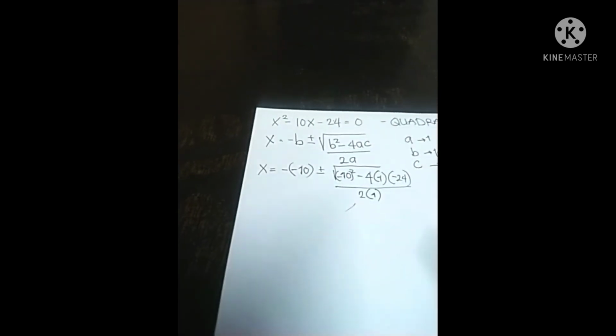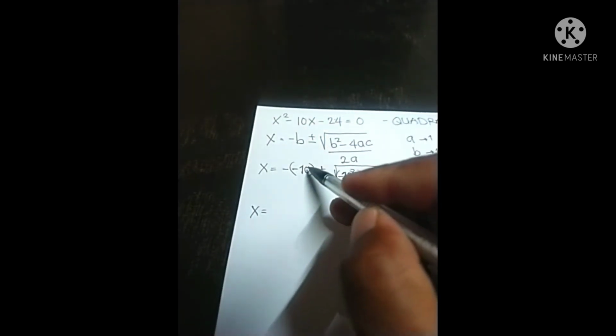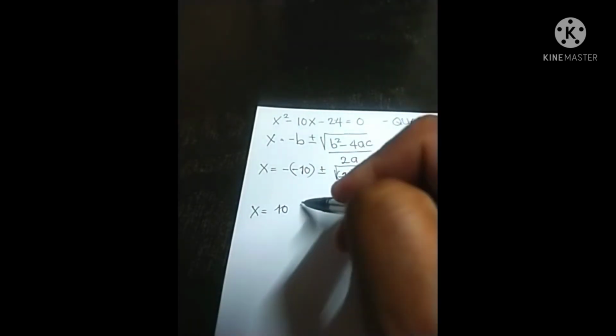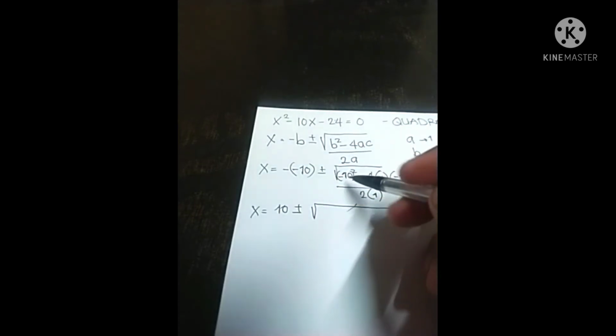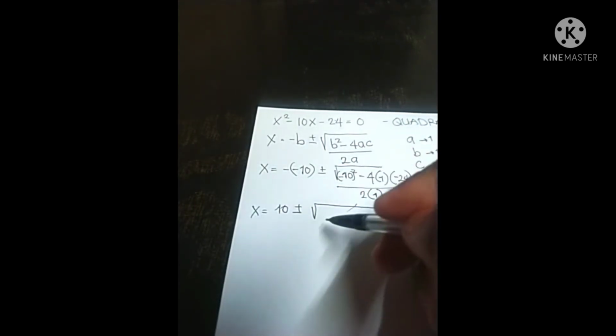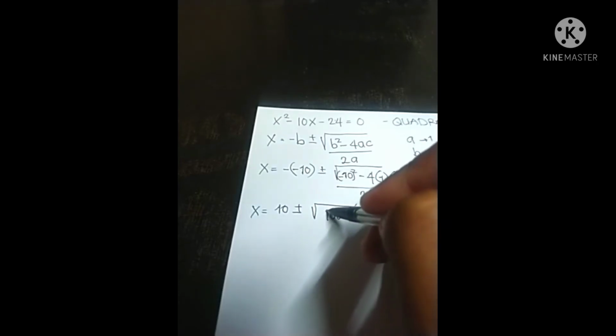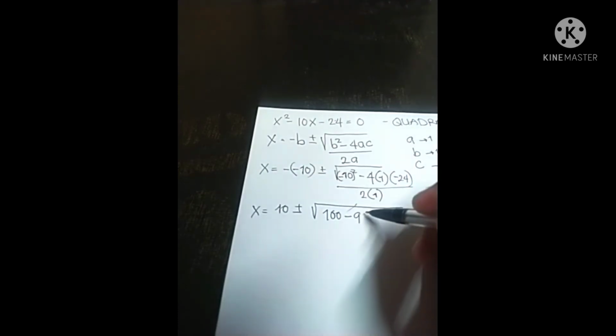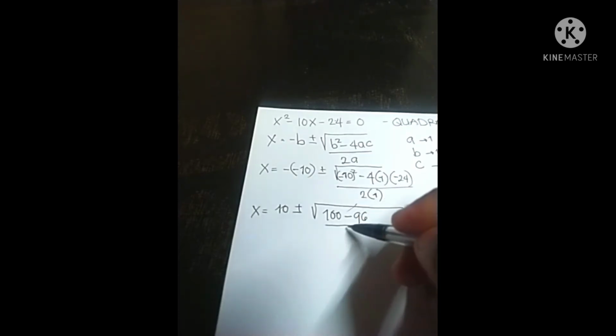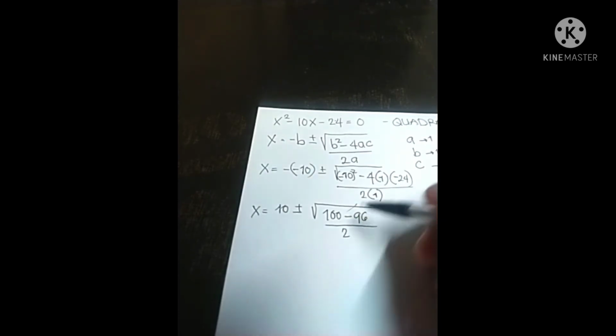Okay, so x is equals to negative times negative is positive 10 plus or minus square root of negative 10 squared is positive 100 minus 4 times 1 is 4 times negative 24 is 96, over 2 times 1 is 2.